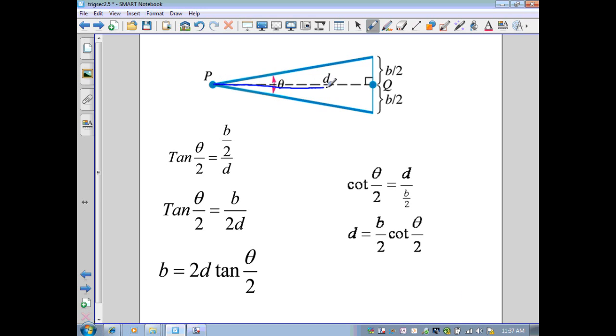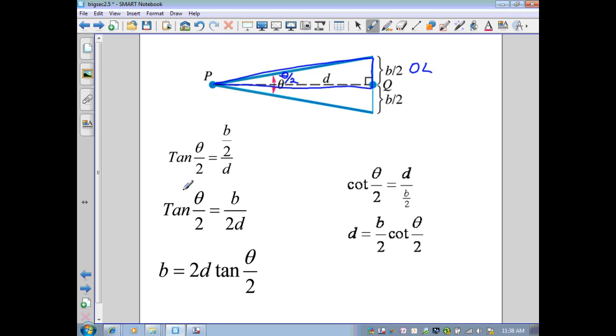Remember that I am given a right triangle. It doesn't matter if it's the top triangle or the bottom one, but if I use the top one, this is theta over 2, that's my angle, and I use the definition of the opposite leg over the adjacent leg. My opposite leg is B over 2, so that is the top of my fraction, and then my adjacent leg is D.